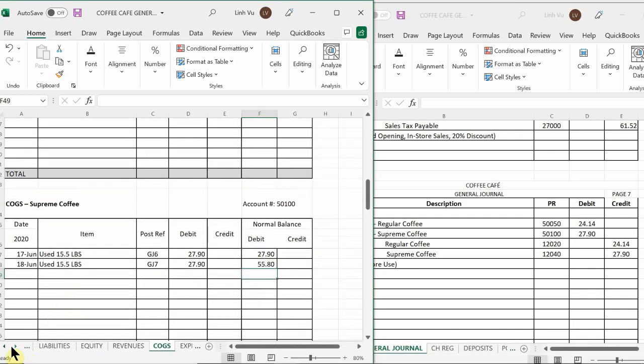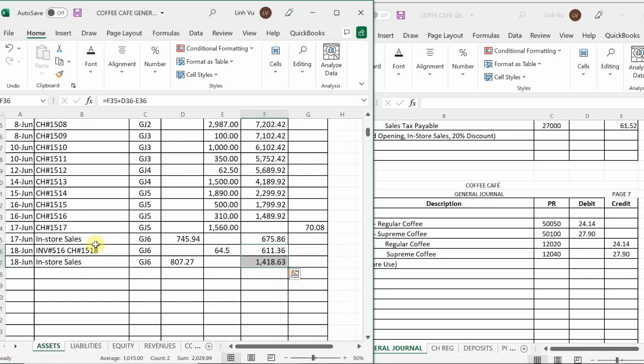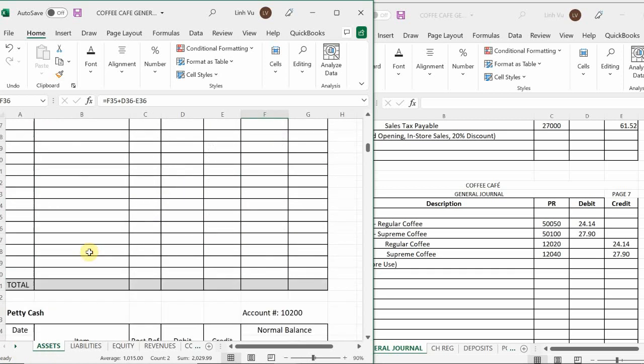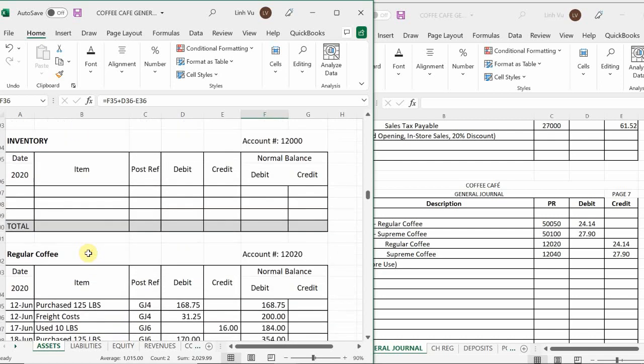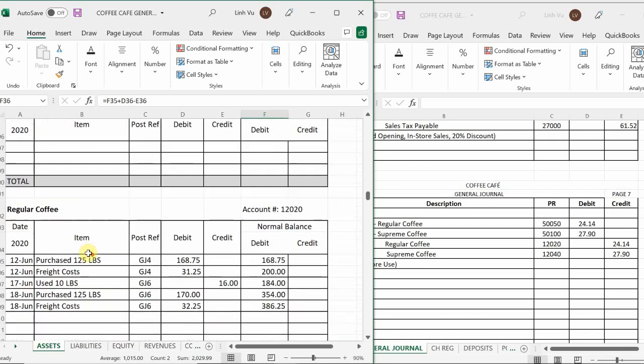Last but not least, we need to update our inventory accounts. So let me locate my regular coffee. Here it is. Regular coffee.